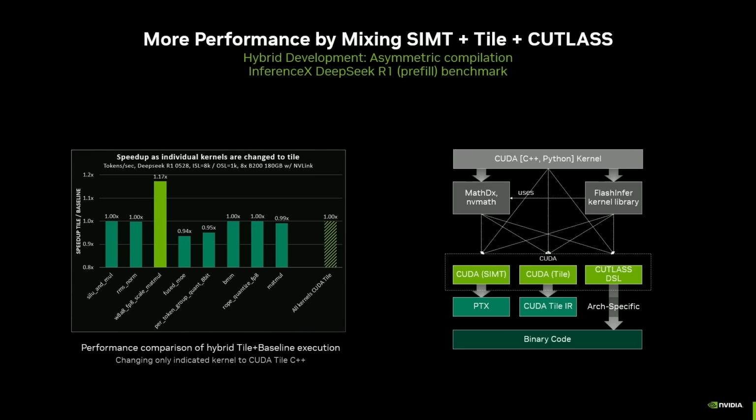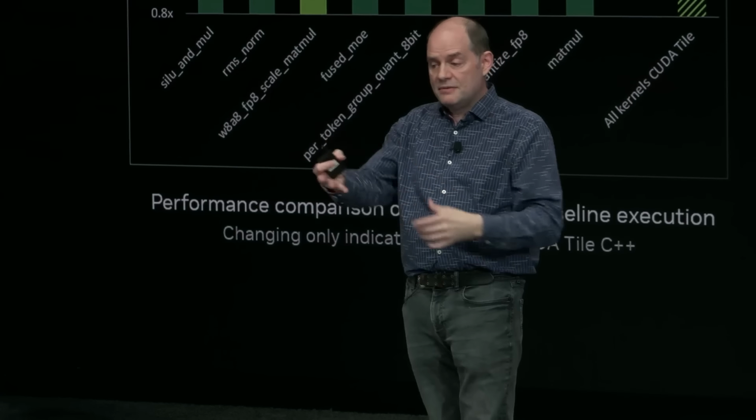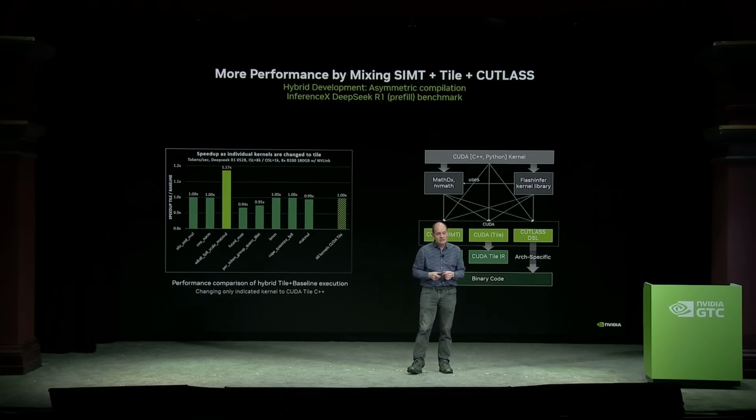It turns out that if you're sophisticated enough or you want to put the time in, some of the kernels are much more of a win than others. So you can mix and match these kernels using different choices of compiler to get, in this particular case, a 17% improvement on a benchmark by swapping a particular kernel from one style to another.